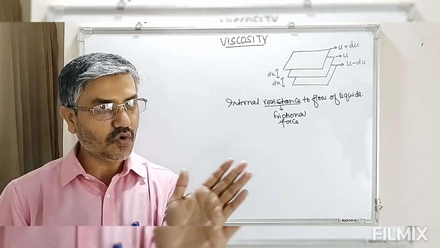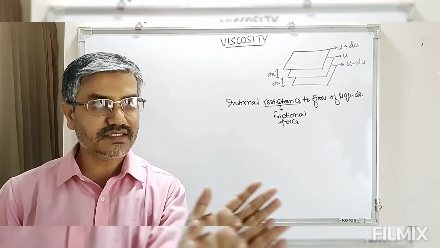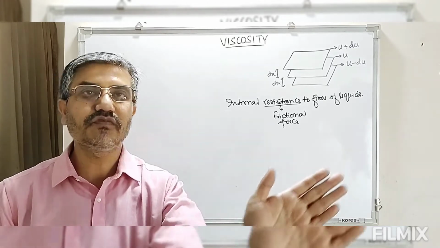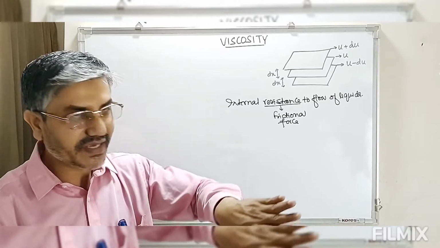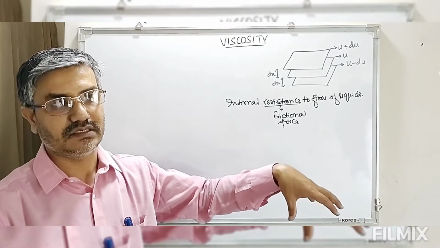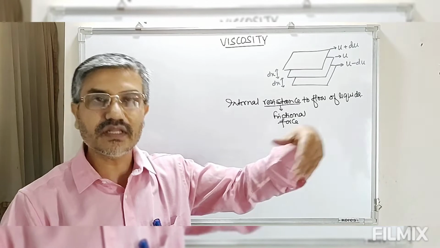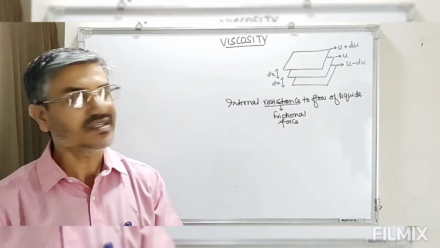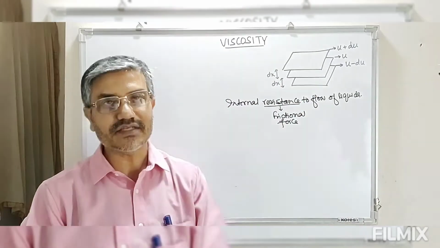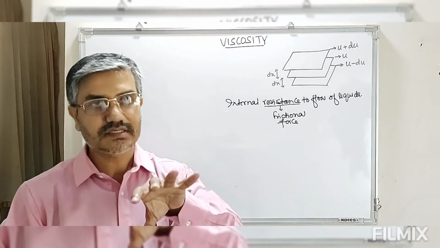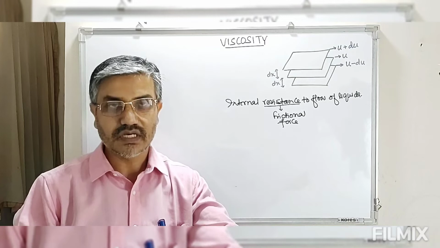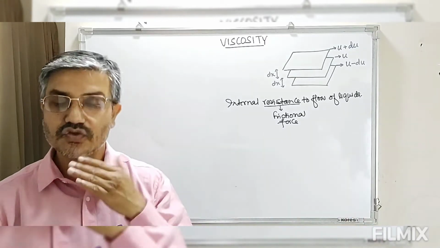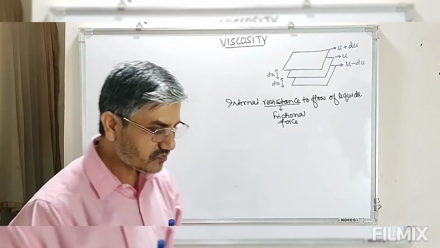Those adjacent to the bank of the river move with slow velocity, but as the distance from the bank increases, at the center, the liquid moves with high speed. So there is a velocity gradient, and this is because of some resistance or frictional force acting between the layers of the flowing liquid.